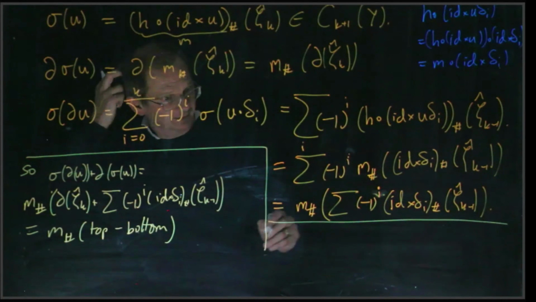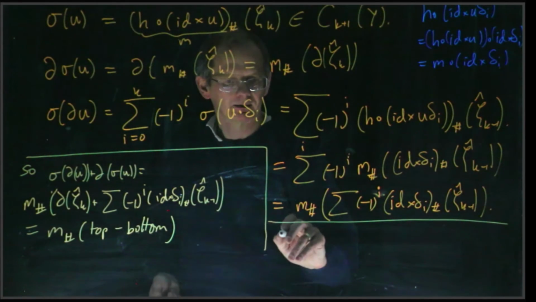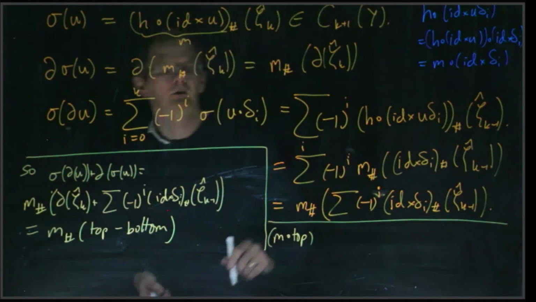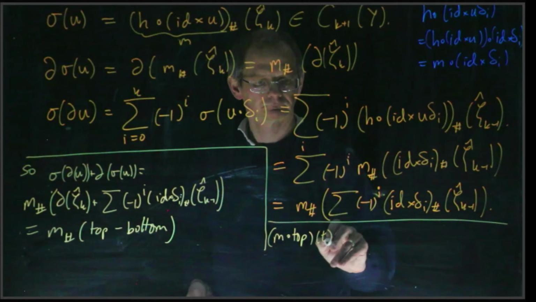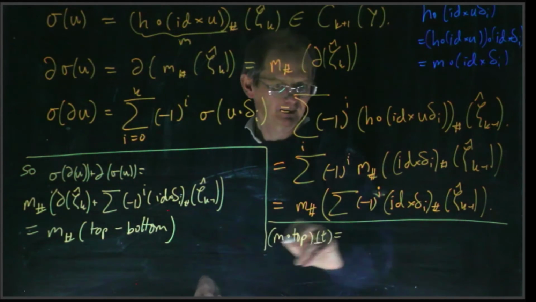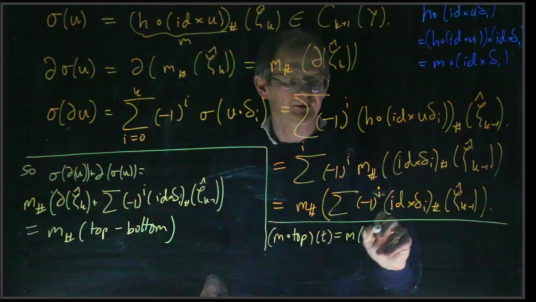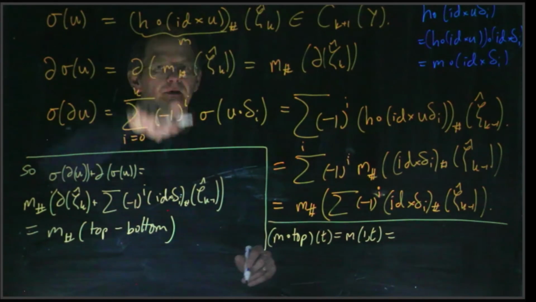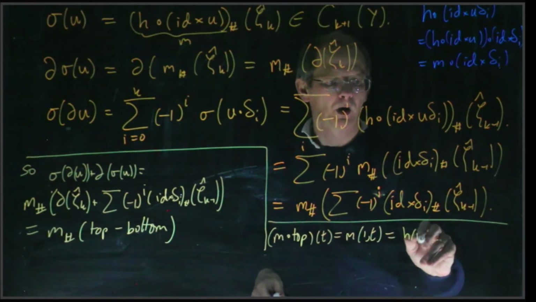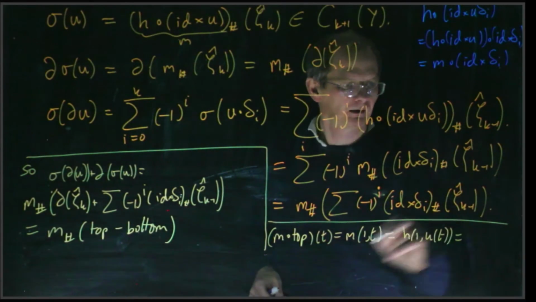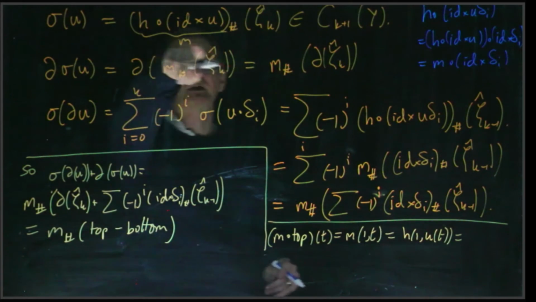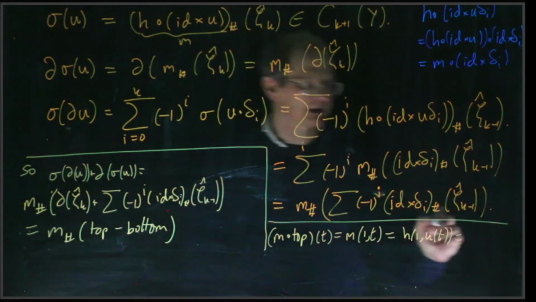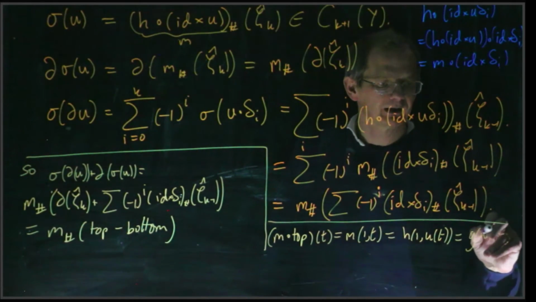Okay, so what about M composed with the top? That's M of (1, t), which is H of (1, u(t)). But we know that H is a homotopy from F to G. So on the top, H is given by G. So this is G of u(t).